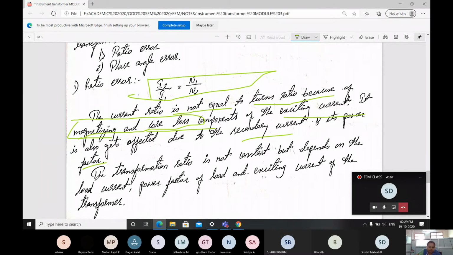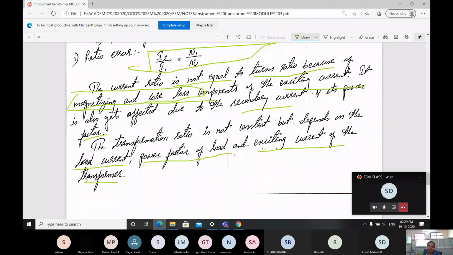Then the transformer ratio is not a constant, but depends on the load current, the power factor of the load, and the exciting current of the transformer. The ratio depends on these three factors.